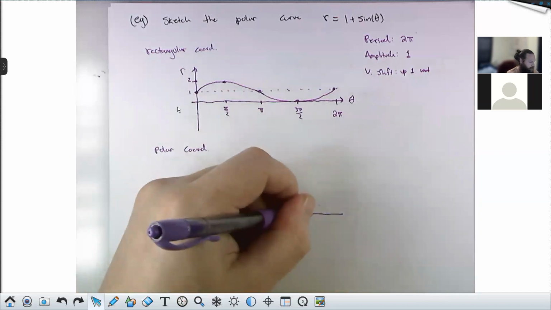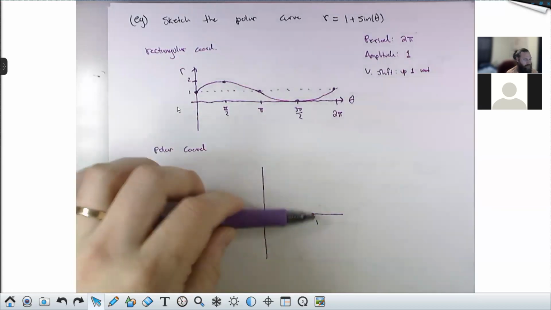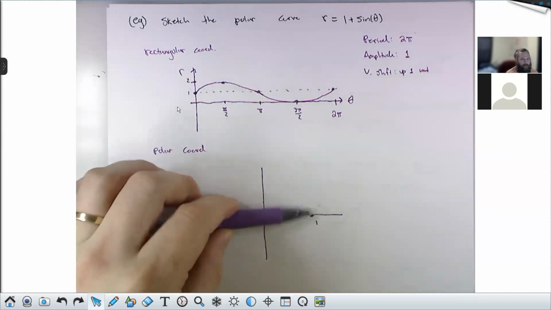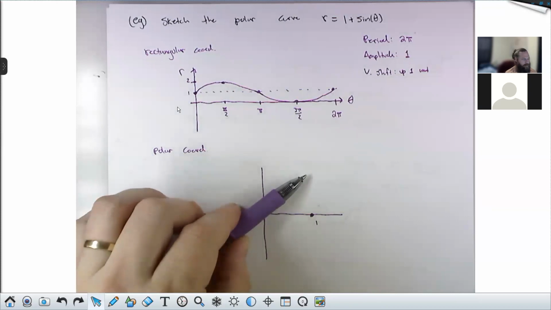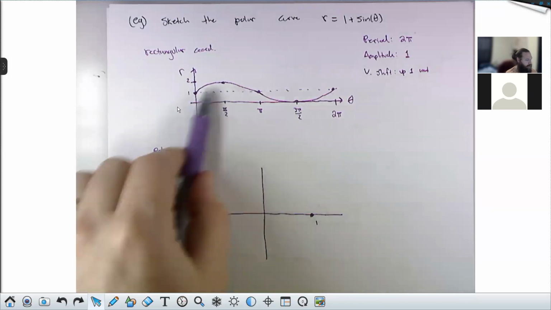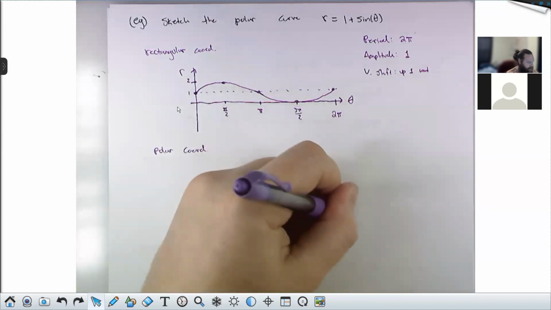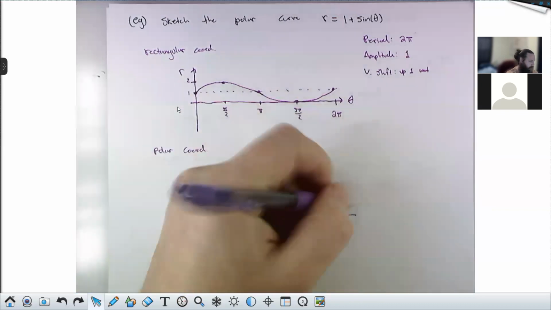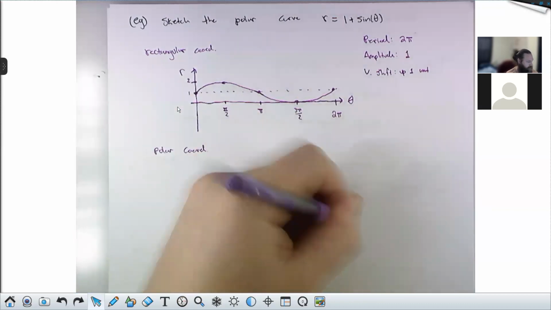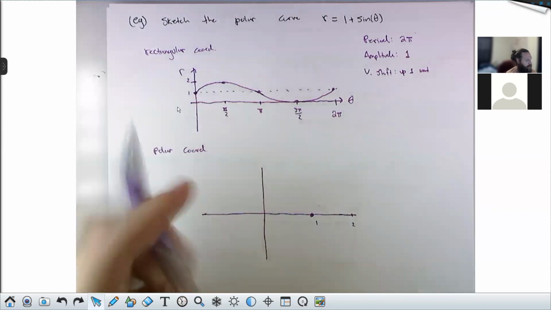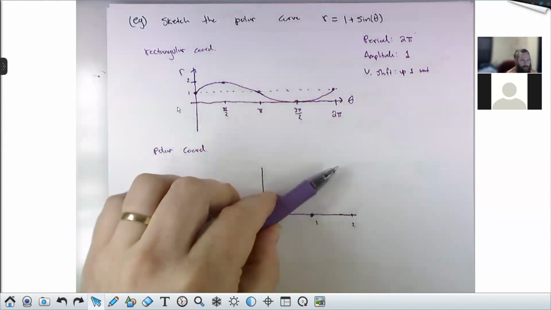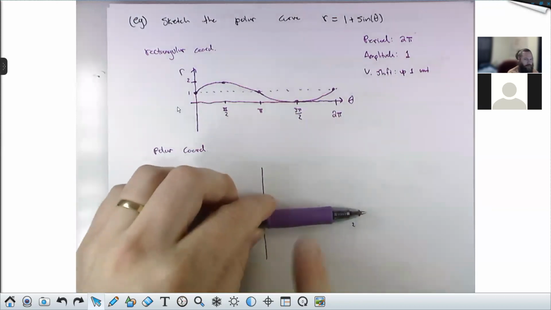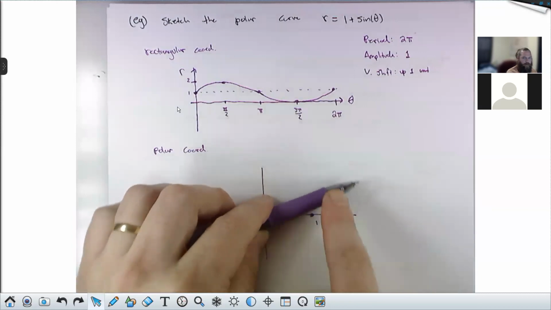Mark this here as 1. So I'm starting right here. As I rotate up, as theta increases, r is increasing. Mark this as 2.